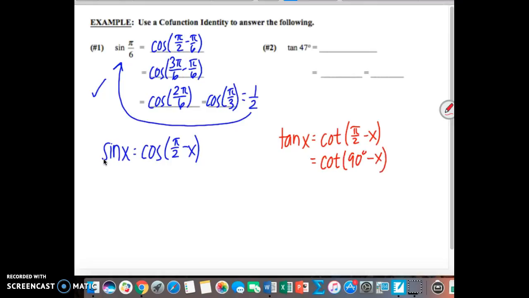Since x is given to us in degrees, we want to use the 90 degrees minus x. So tangent of 47 degrees is equal to cotangent of 90 degrees minus 47 degrees. Cotangent of 90 minus 47 is equal to cotangent of 43 degrees. And using our calculator, making sure we are in degree mode, this is equal to 1.07.